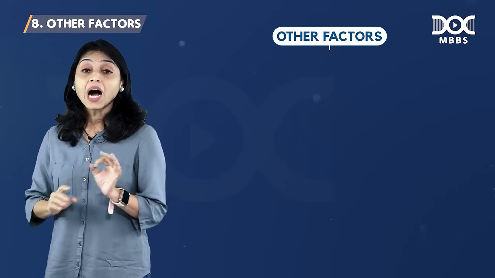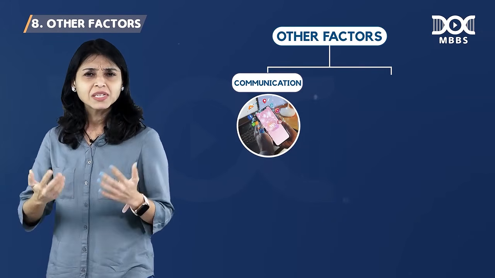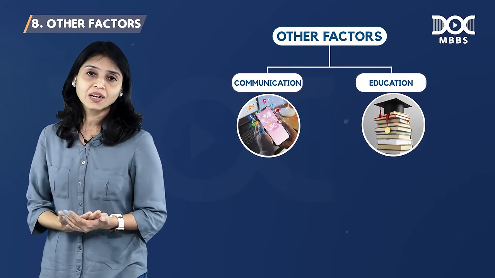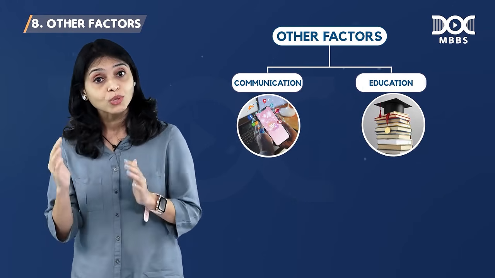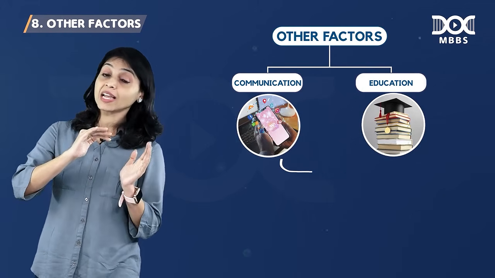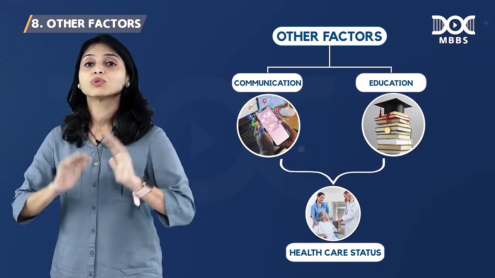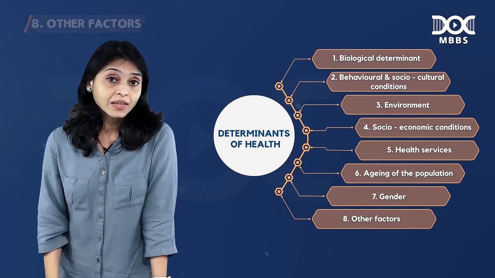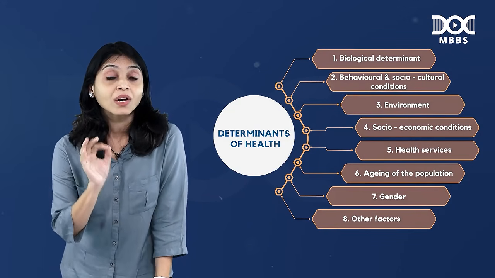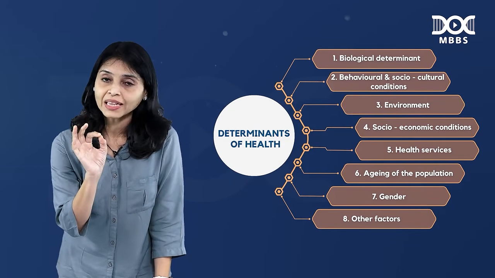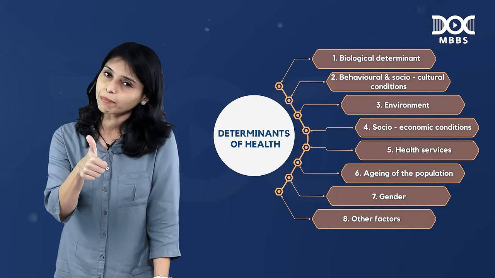How strong is the information system in that country, how strong is the communication, how much is the literacy rate of that country. All these contribute to the health status of the country or community. So, these are the 8 determinants of health, which I think you will be able to write by now.